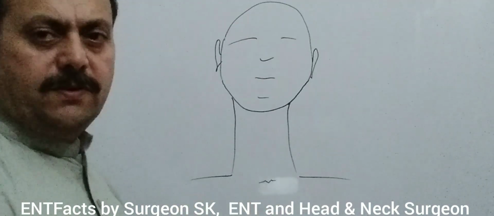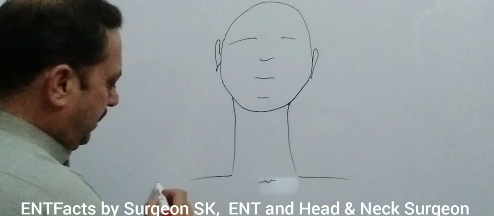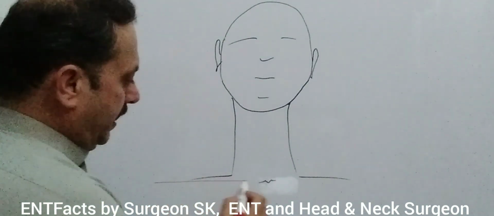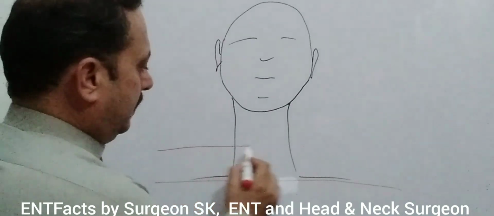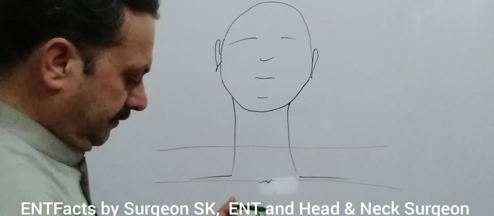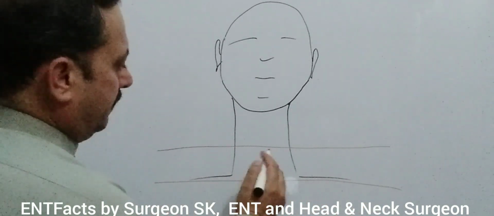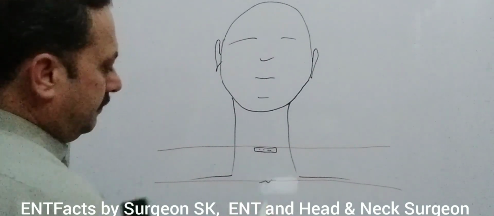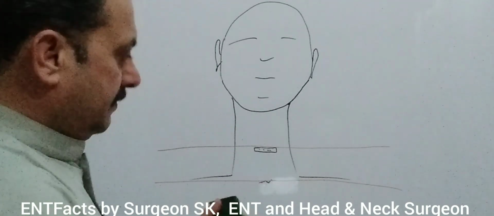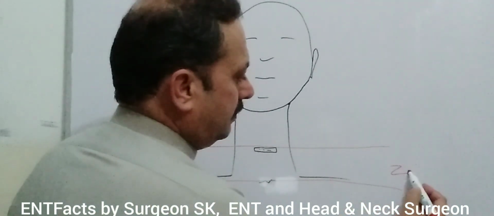As I mentioned before, zone 1 lies between a line passing through the clavicles and the upper border of the cricoid cartilage. This is zone 1.